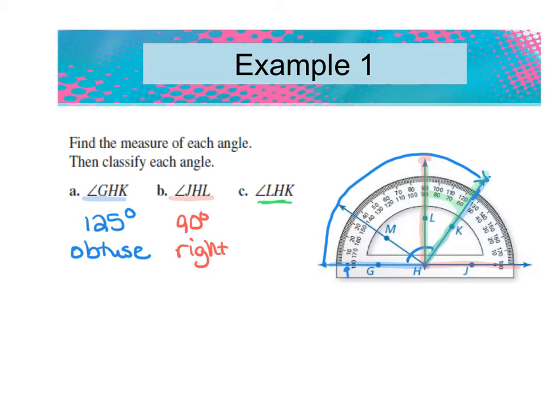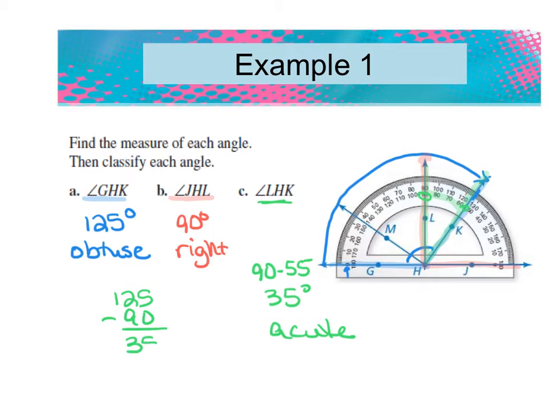So I'm going to do 90 minus 55, because it's here and 55's here, so it gives me 35 degrees, making this an acute angle. So we could also do the outside numbers. So we could also have done 125 minus 90 and still gotten 35. So you can choose.